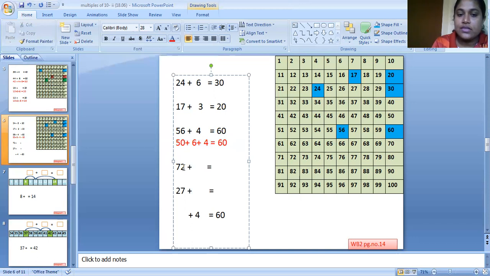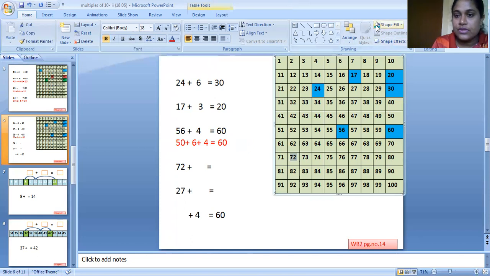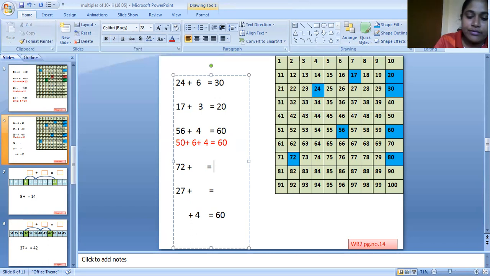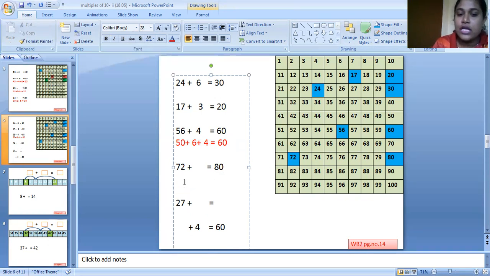And here 72. First we should mark 72 and we should find the next complement to 72. When we are moving forward along this line, we need 80 as the next complement. We'll write 80 here first and then we should count the gap in between these two numbers, or else we can use the knowledge of number bonds to 10. Here 72.